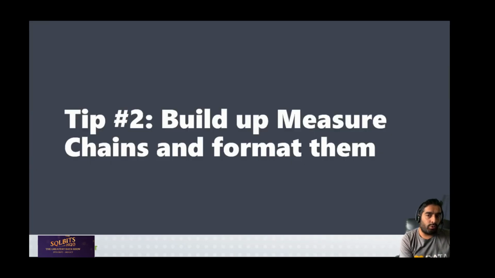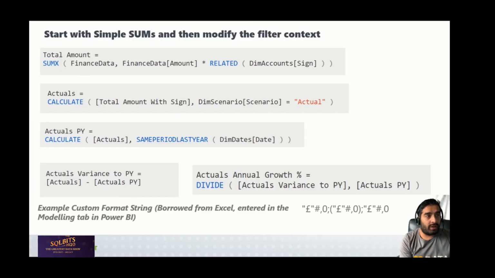Tip number 2 was to build up measure chains and format them. We needed to start with a measure that's the sum of the total amount. In the first tip, I showed it using a calculated column. This is a better approach. Rather than using sum of the calculated column, it uses SUMX and puts the calculated column formula in there.